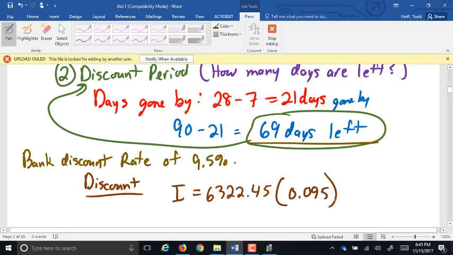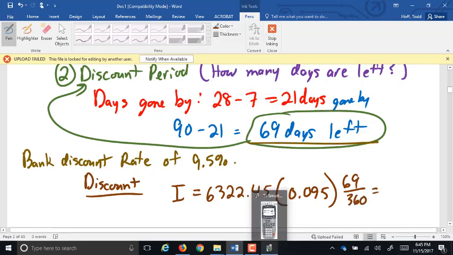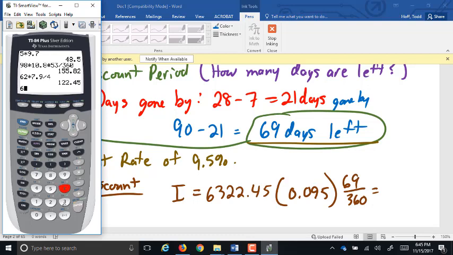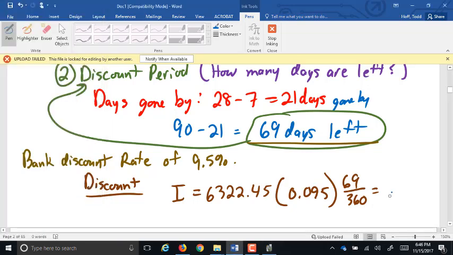Their time will be 69 over 360. 6322.45 times 0.095 times 69 over 360 is $115.12. So the bank says, hey, we're going to charge you $115.12 to have that money.